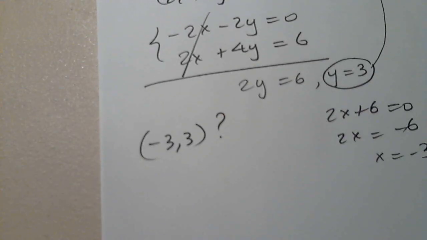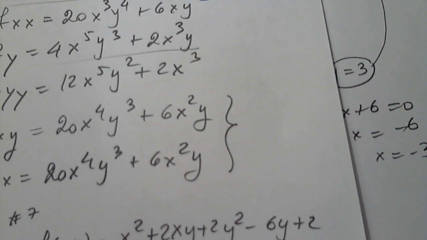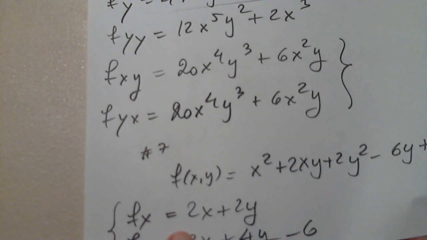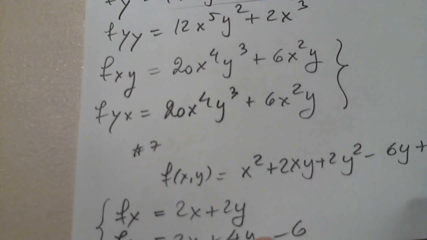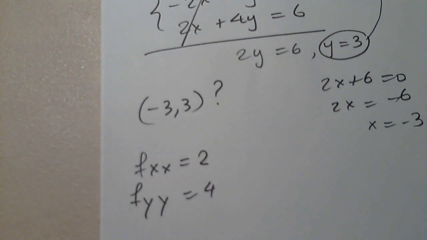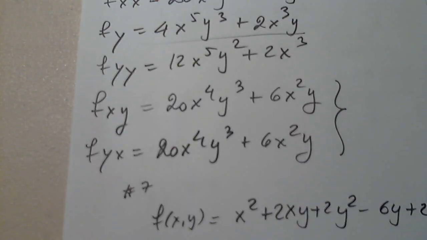I have to find fxx. When I differentiate this with respect to x, I get 2. And then fyy, when I differentiate this with respect to y, I get 4. And now I have to find fxy. When I differentiate this with respect to y, I get 2.